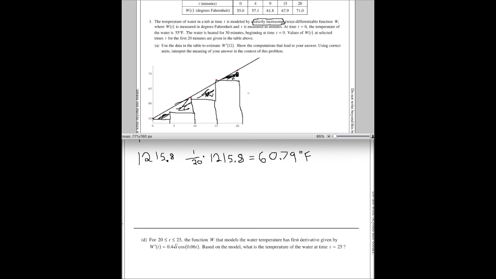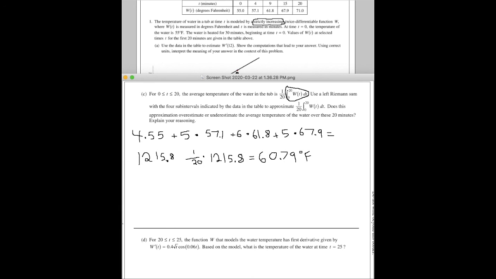So that's going to be an underestimation. If it's strictly increasing and you use left Riemann sums, it's always going to be an underestimation. If it's increasing and we had used right Riemann sums, it'd be an overestimation. So if I were answering this on a test, I would just say because the function is strictly increasing and we're using left Riemann sums, it's always going to be an underestimation.